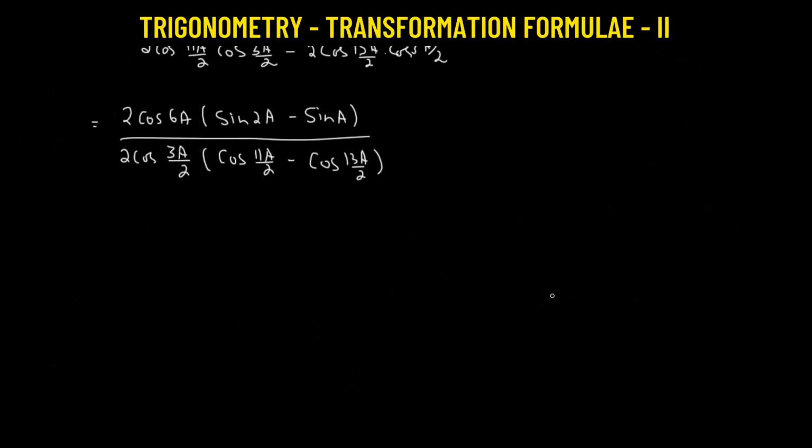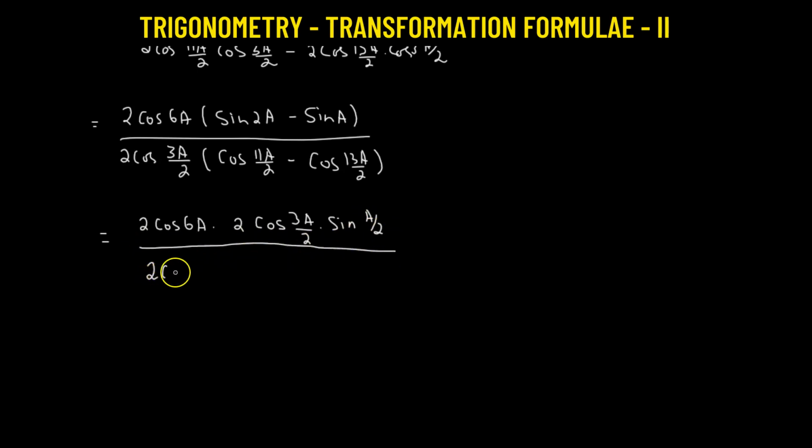So we will get 2 times cosine of angle 6a multiplied to 2 times cosine of angle 2a plus a, that's going to be 3a, so 3a over 2, multiplied to sine of angle 2a minus a, which will be a over 2, divided by 2 times cosine of angle 3a over 2 multiplied to, since we have the difference of two cosine functions, negative of 2 times sine of angle, so we need 11a over 2 plus 13a over 2. So let's add them.